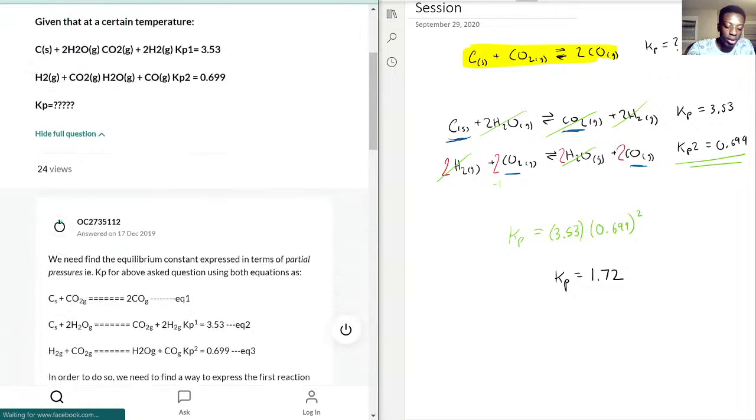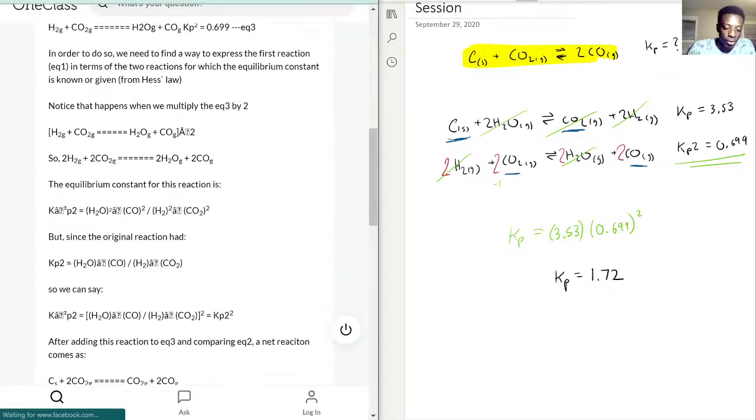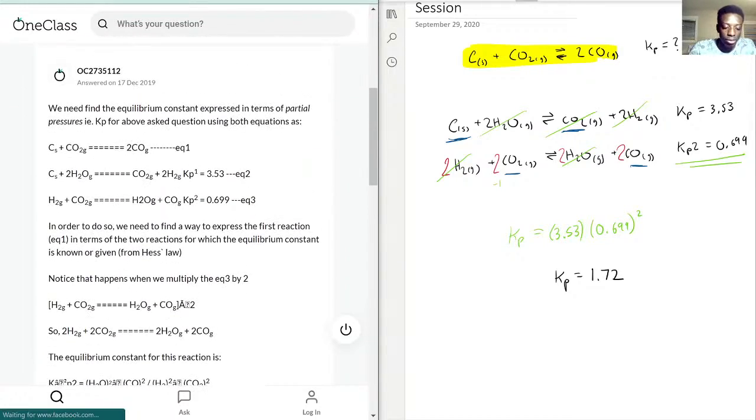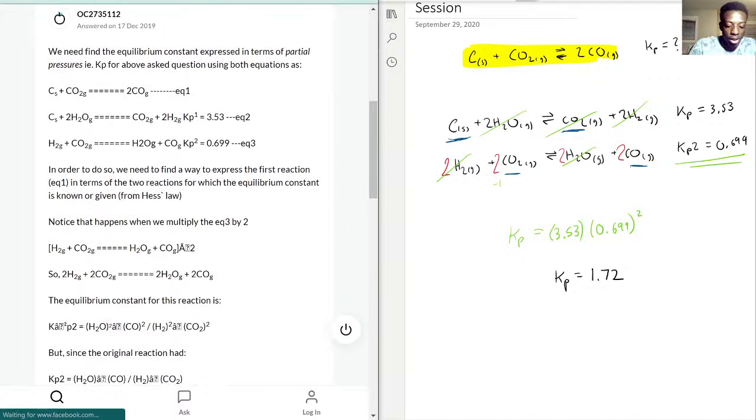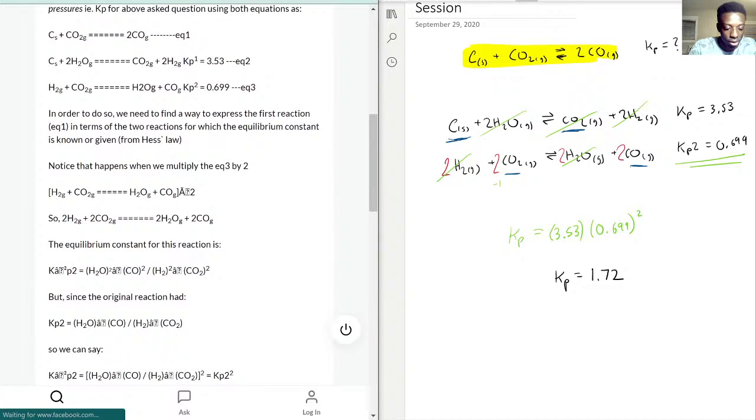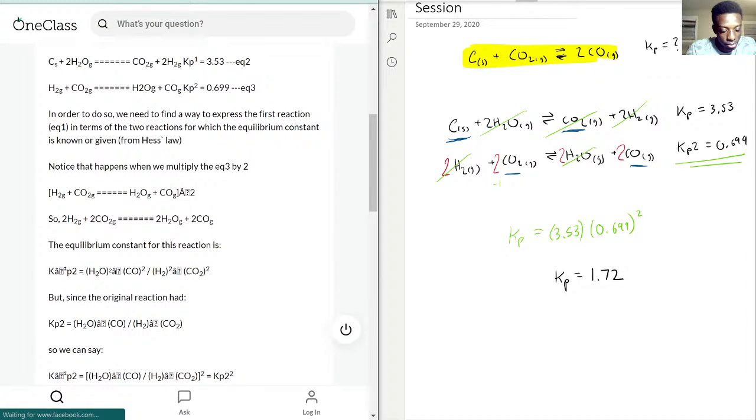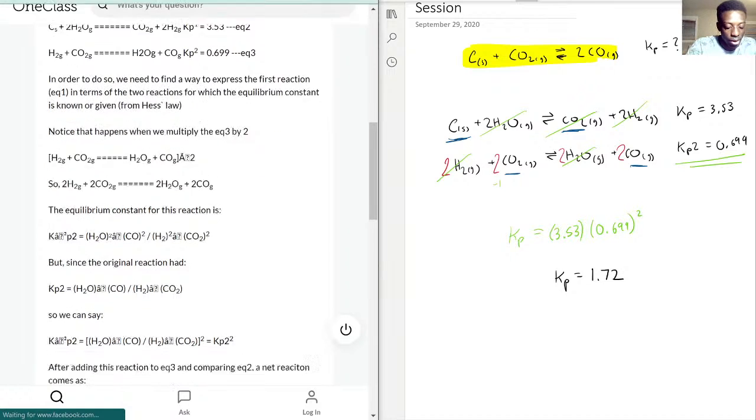Let's see how we did. So they have the equation, first one, second, and third one. And first, they balanced it out. Interesting. It definitely did a very strange way.